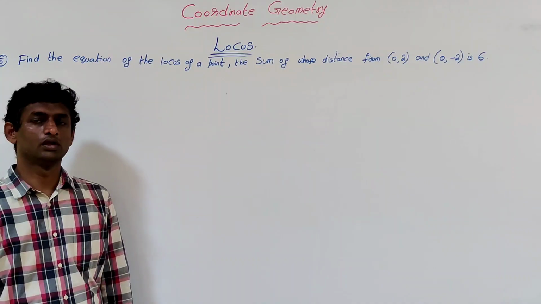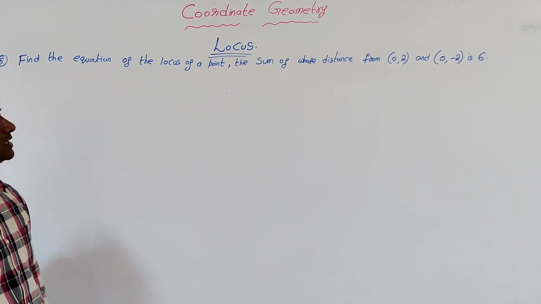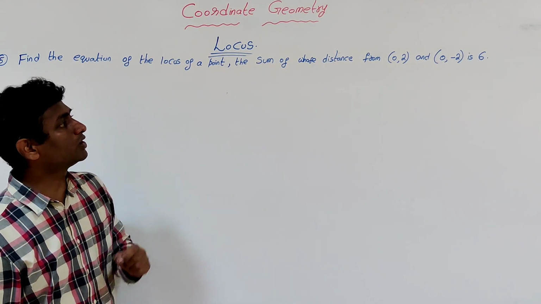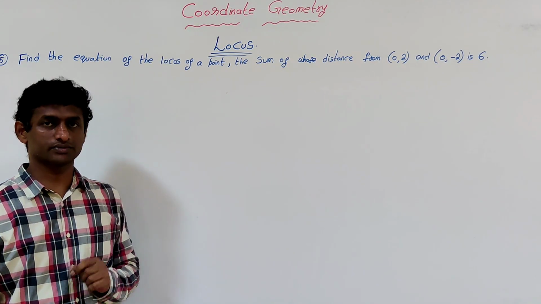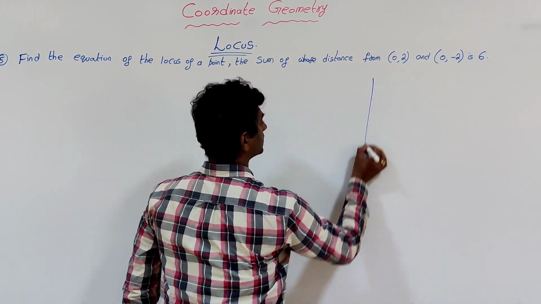Next problem. Find the equation of the locus of a point such that the sum of whose distances from (0, 2) and (0, minus 2) is 6. Let's see the geometrical condition. What is being asked?